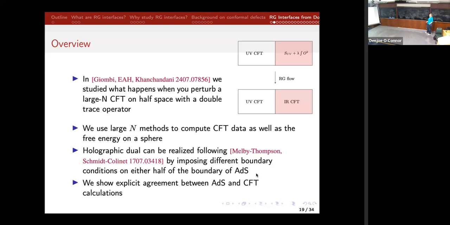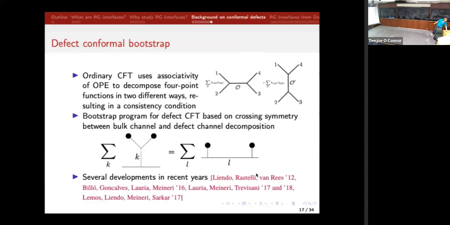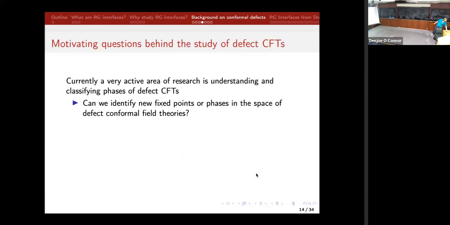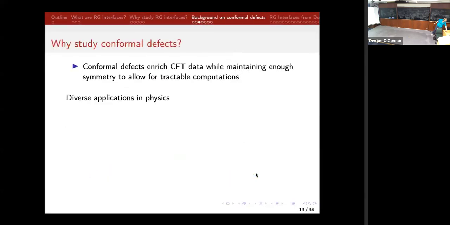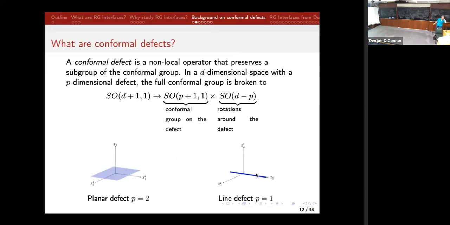Yeah, and when you were talking about breaking the symmetry group in the definition of the conformal defect, what did you say it was going from? Yeah, it's going to a subset of the conformal group, which is on the defect.